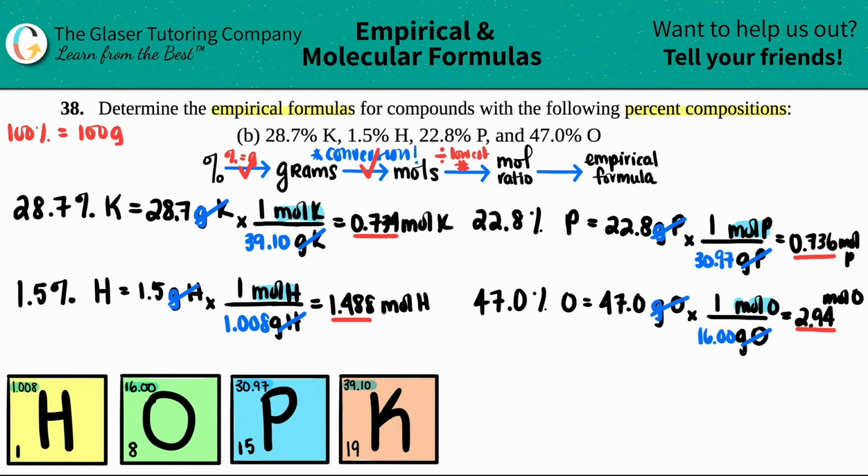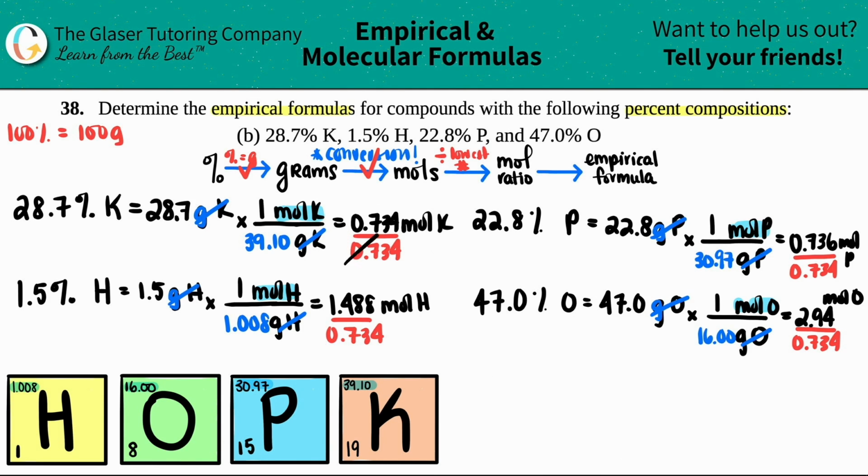These two are pretty similar, but this one wins by 2,000ths, right? So I'm going to divide each one by 0.734.